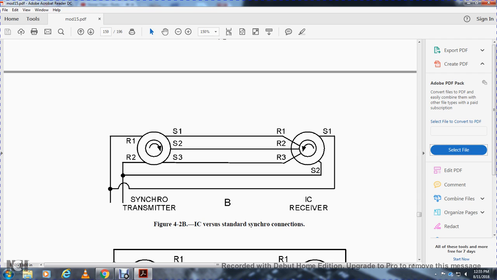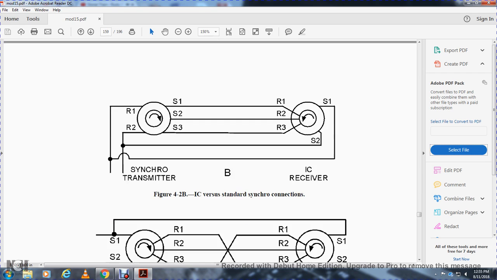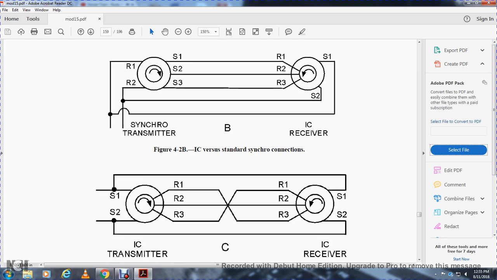The next one would be rotor 2 and 3 synchronizing, and then rotor 1 and stator 1. Your intercommunication transmitter, stator 1, stator 2 on the outside, rotor 1, rotor 2, rotor 3. Counterclockwise, clockwise.